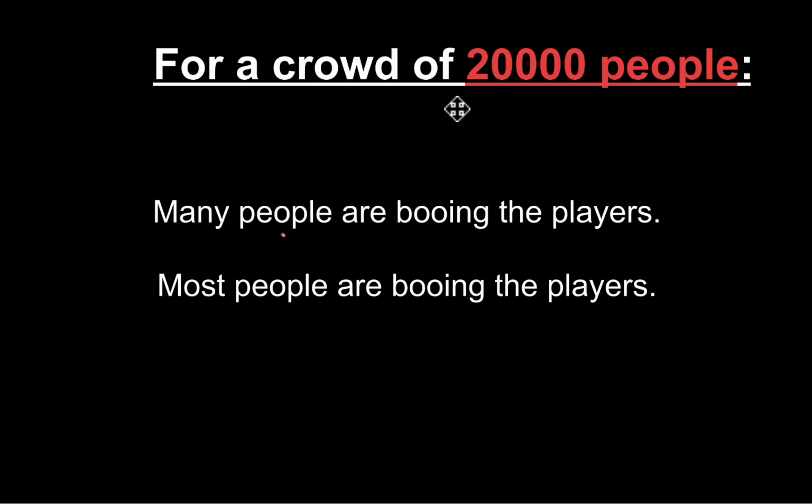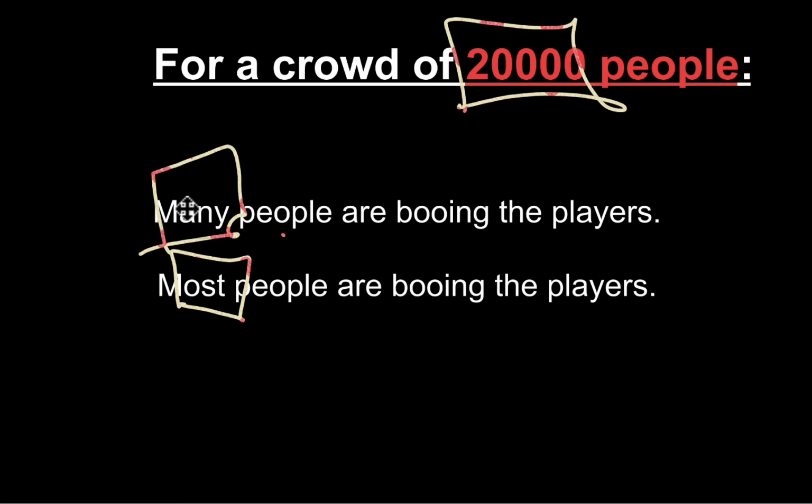So let's say we're talking about a crowd of 20,000 people, and the sentences are, many people are booing the players. Most people are booing the players. Are these words referring to almost the same number? Not at all. There is a huge difference.